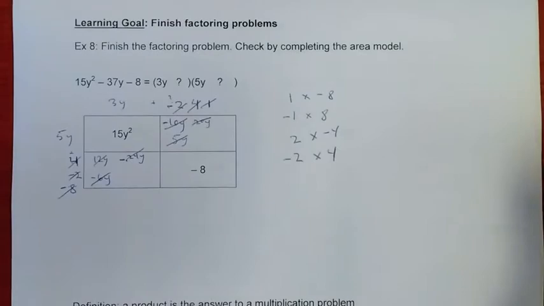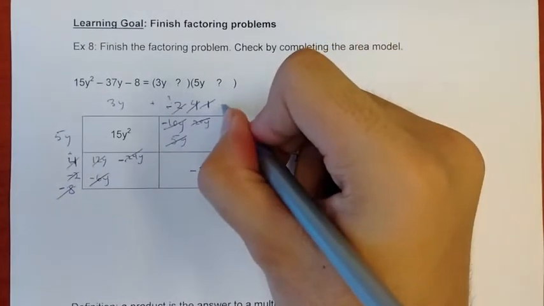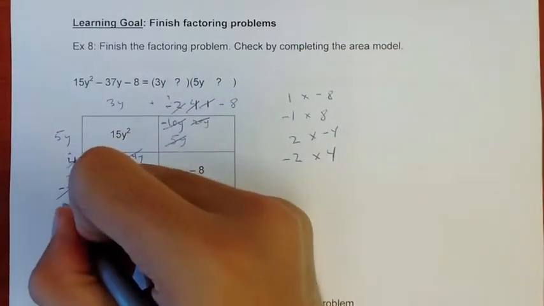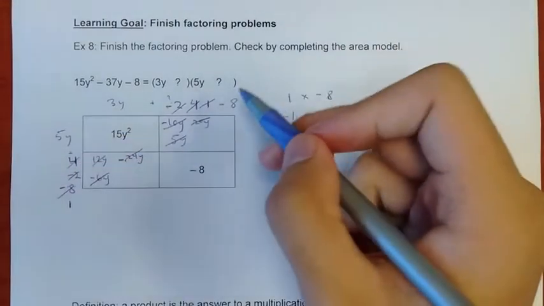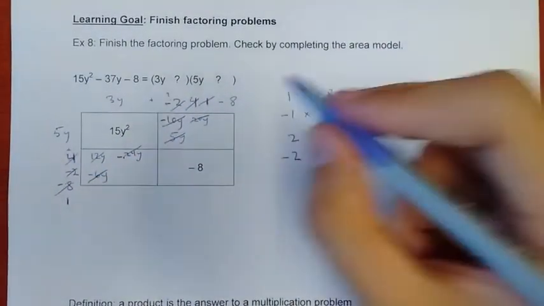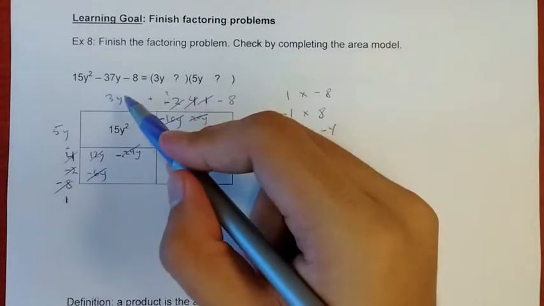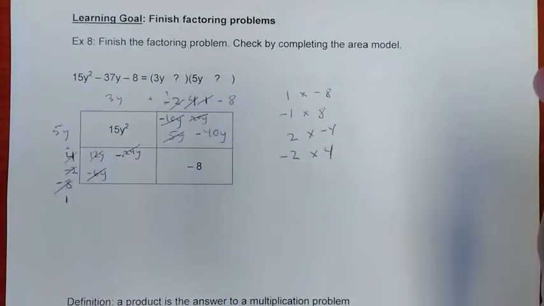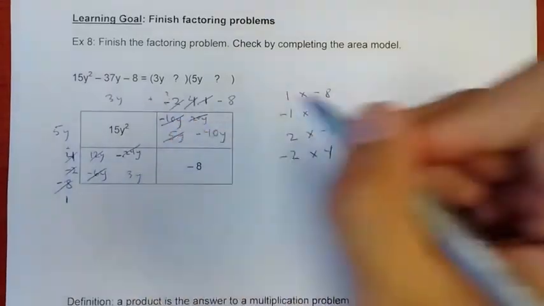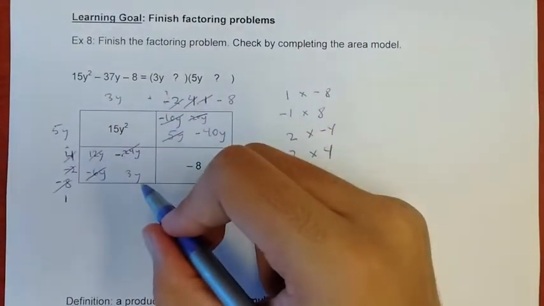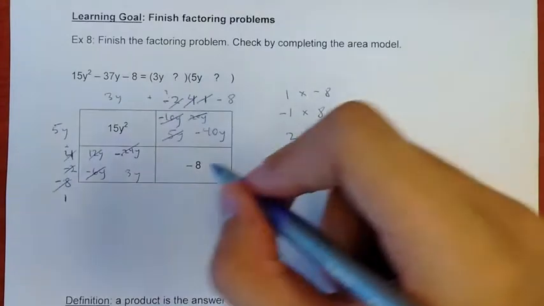And once again, we have to try the reverse method. And we put a negative 8 here, and 1 here maybe. And negative 8 times 5y gives us negative 40y, and 3y times 1 gives us 3y, and negative 40y plus 3y gives us negative 37y.